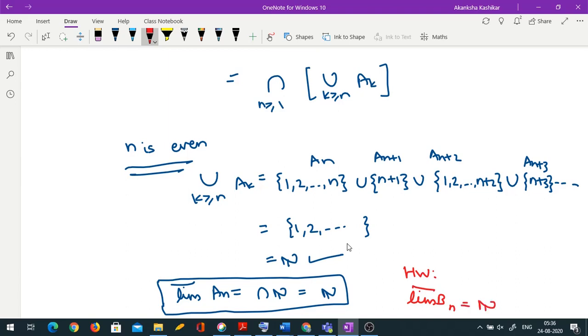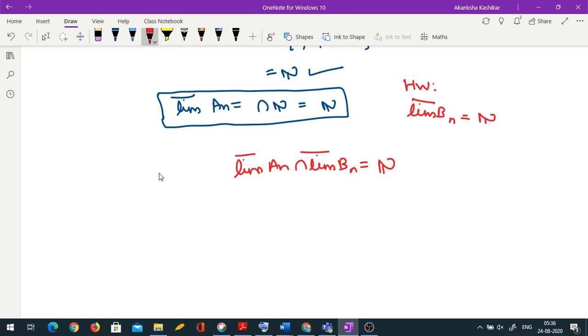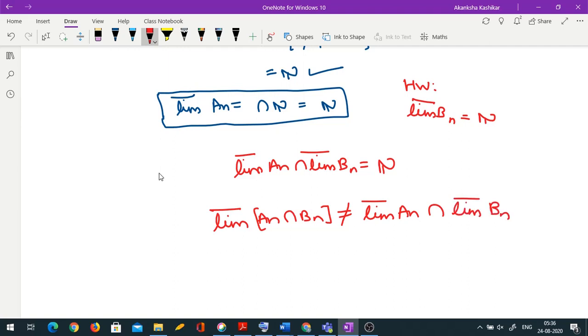Okay, and as a result, lim sup of an intersected with lim sup of bn is actually the natural numbers, whereas my LHS is just an empty set. Okay, so what we conclude is lim sup of an intersection bn is not the same as lim sup of an intersected with lim sup of bn. Okay, so result 2 is not true.